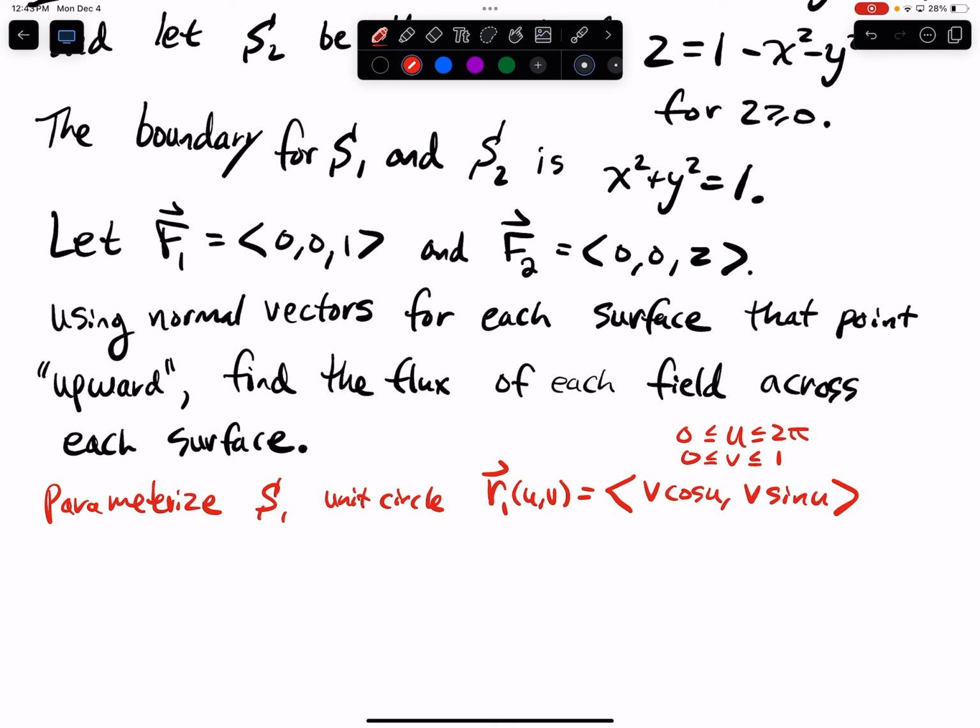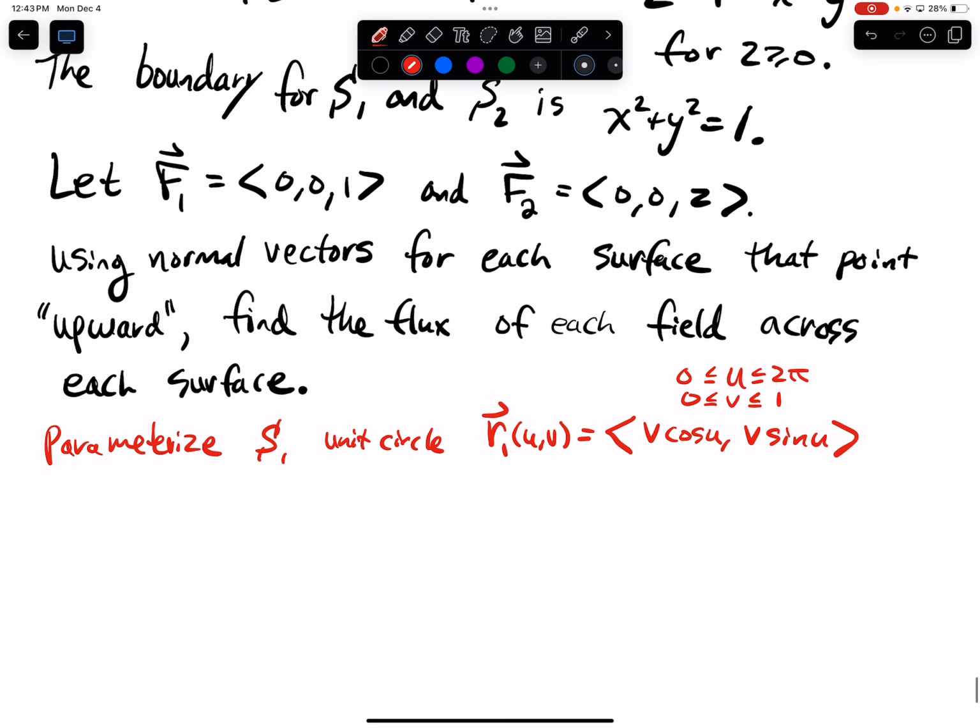That's not too hard. Now, I need a normal vector, N1. How do I get a normal vector? RU cross RV, right?